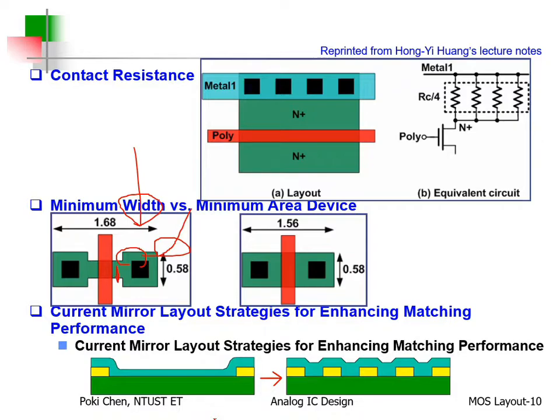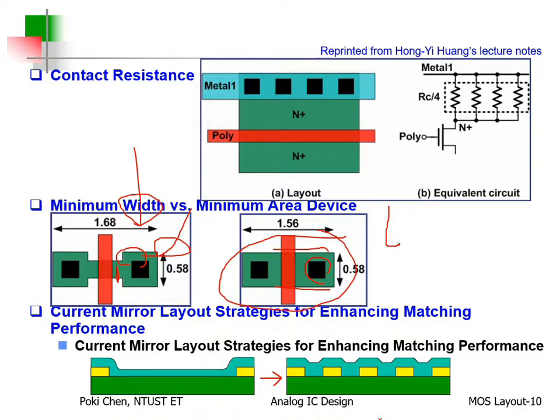So, how can you make the smallest area? Actually, this one. Okay? L could be the minimum, but how about W? No, never. According to the minimum requirement, you have the contact. And I explained already, you need to have the minimum enclosure or the so-called expansion, okay?